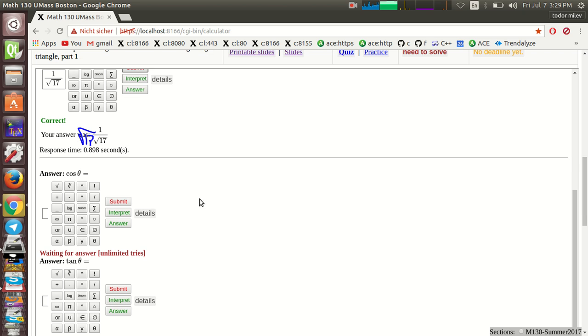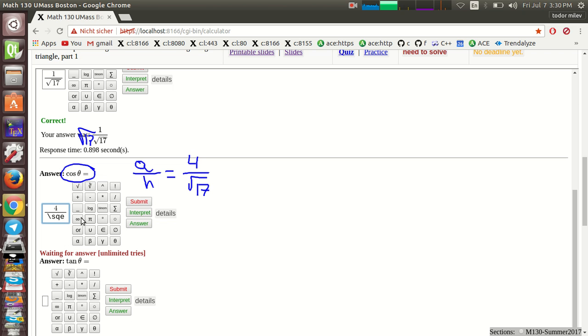Now, next thing we need to compute is cosine of theta. Now, cosine of theta, that was the adjacent side over the hypotenuse. The adjacent side, I'm not sure if you remember from above, but that was 4. The hypotenuse is still radical of 17. So our answer should be 4 divided by radical of 17.